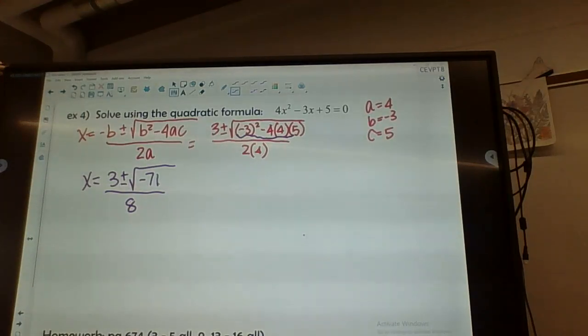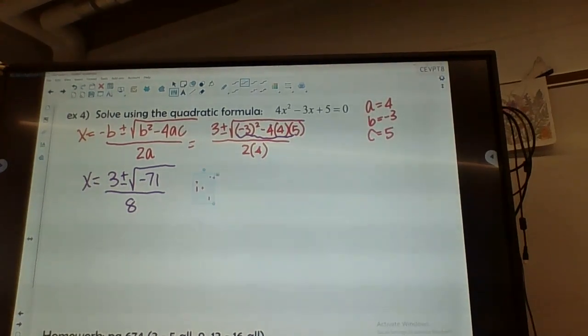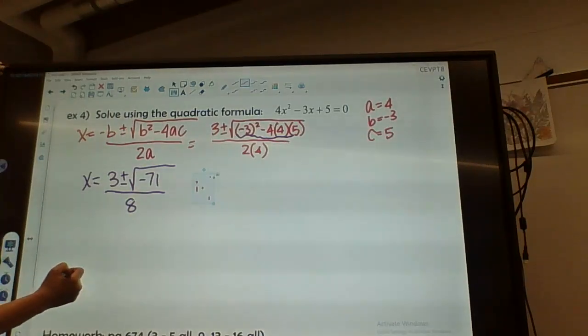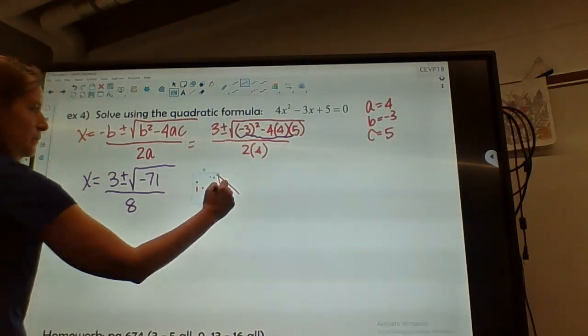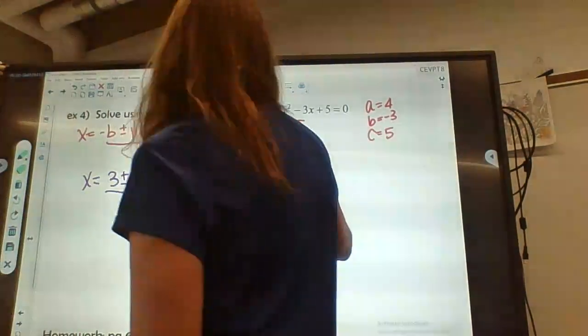So this does not work. So when we get to a problem like this, you might even like this kind because it means we can be done. So we just say there's no solution, or we can say technically there's no real solution. So there's no real solution for that. So we can be done.